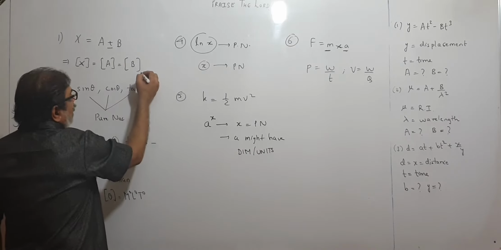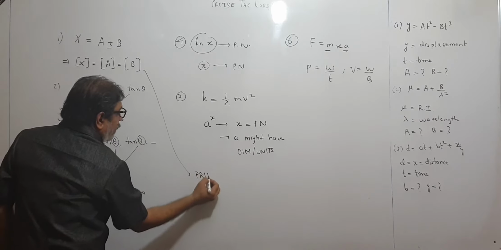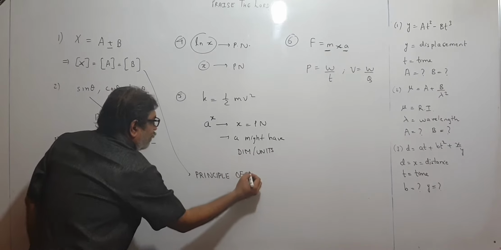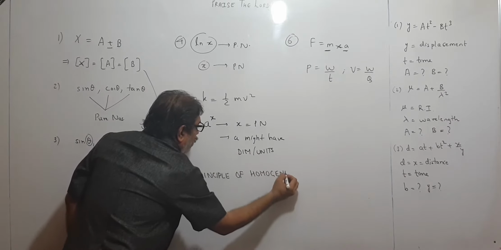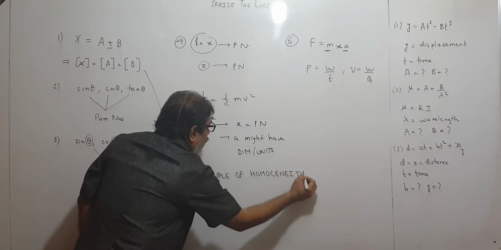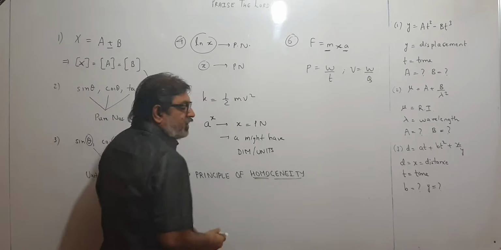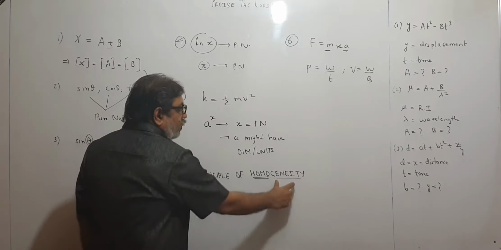This is called, I will write over here, principle of homogeneity. Homo means same. Geneity comes from Genesis. Genesis means origin. So same origin.